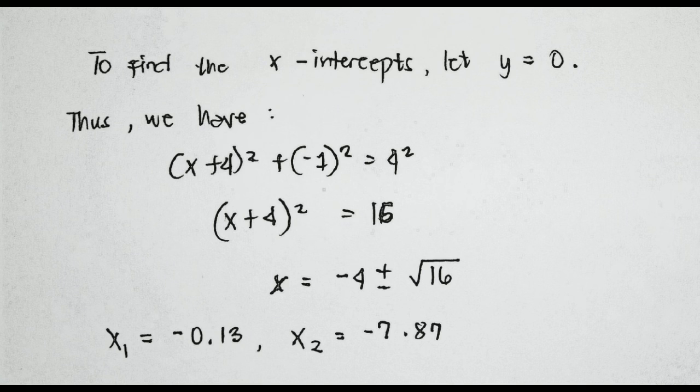So we have our x sub 1 is equal to negative 0.13, and the value of our x sub 2 is equal to negative 7.87.